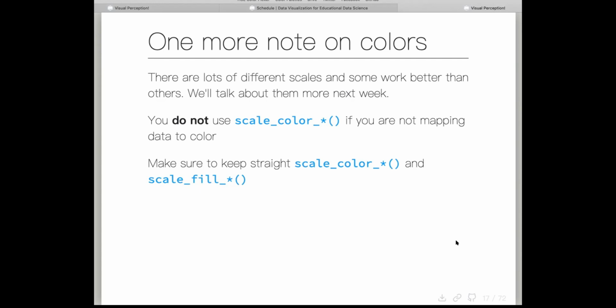Very often I end up mapping data to both a color and a fill, and then if I want to change those, I have to say scale_color_whatever plus scale_fill_whatever. So if you're using a fill, then you need to use scale_fill_whatever, not scale_color_whatever. That's a really common error: I have changed these things, but when I'm using my scale_color_whatever, the change isn't happening. That's because you don't actually have color mapped to your aesthetics. You have a fill mapped to your aesthetics, or vice versa.